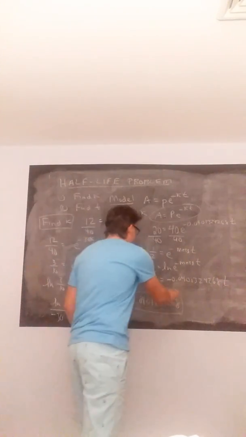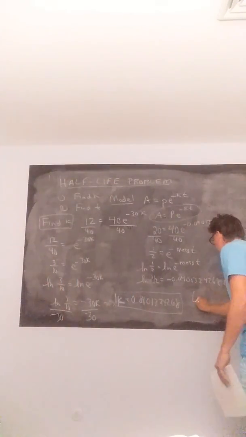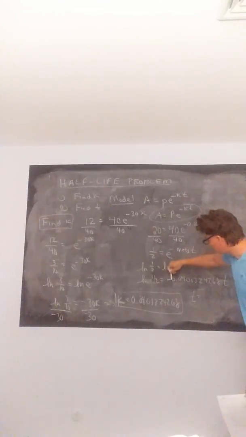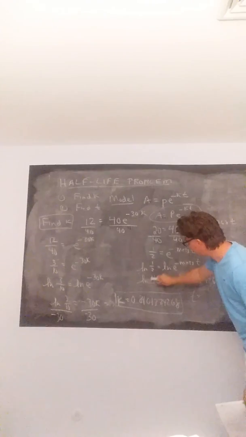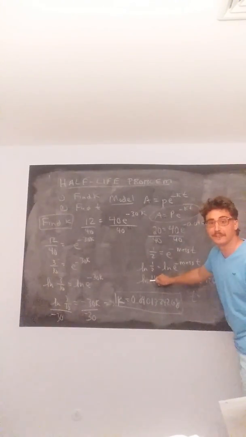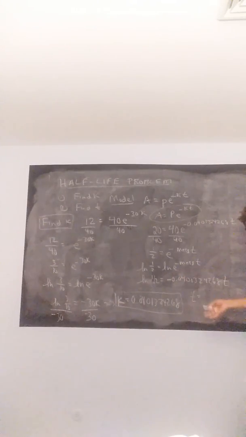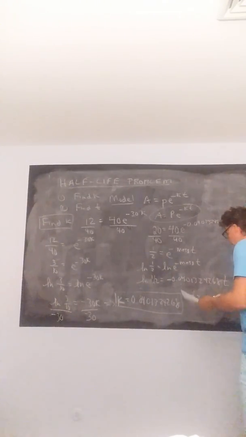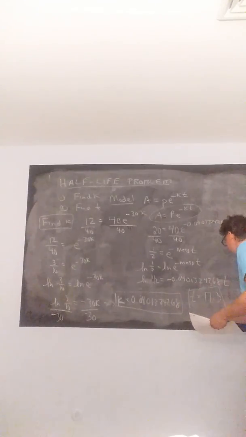And then we'll divide both sides by that ugly decimal, right? And when you do that, you're going to get a positive number. That should make sense because you're dividing by a negative number, okay? But the ln of 1/2, that also represents a negative number. So therefore, t, negative divided by negative, is going to be positive. So when you do this and you round, it's going to be about 17.3.